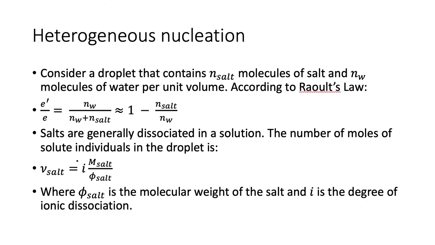And then there are two different quantities. I is the degree of ionic dissociation, and phi salt is the molecular weight of the salt that we're taking into account. Okay, with these three ingredients, we can simply compute N salt.